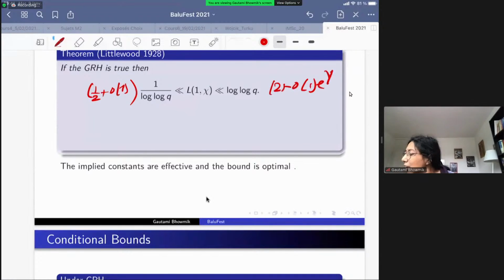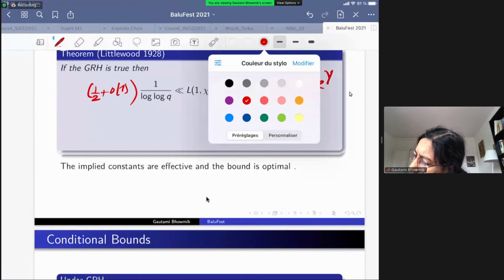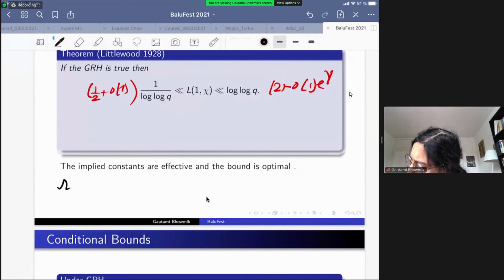Gamma is Euler's constant. These implied constants are therefore effective, but only these can be improved. This bound is optimal because there's an omega result by Chowla.